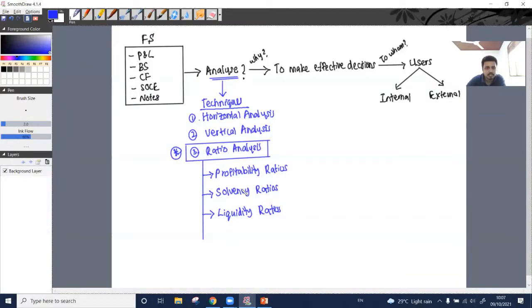Solvency ratios discuss the ability of a company to pay off its debts. Liquidity ratios discuss the ability to pay it quickly, as much as possible. How quickly we can pay off those debts, that idea is given through liquidity ratios.